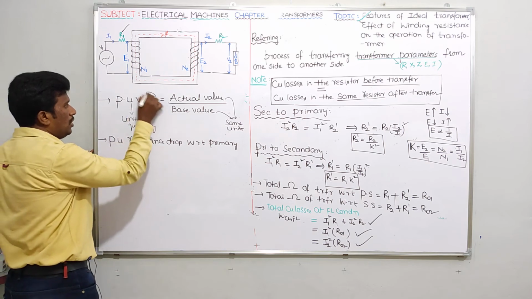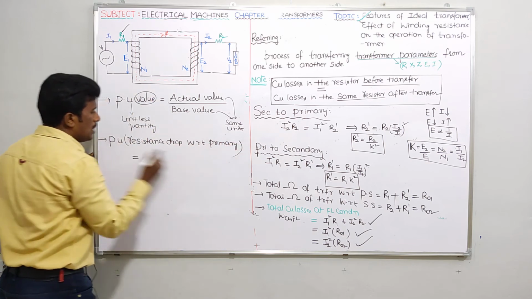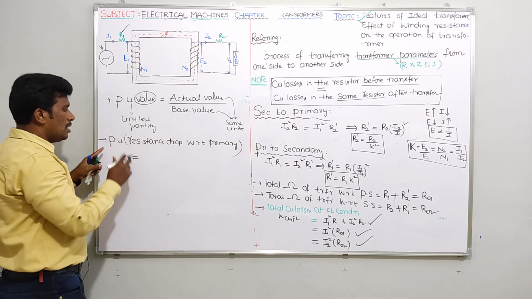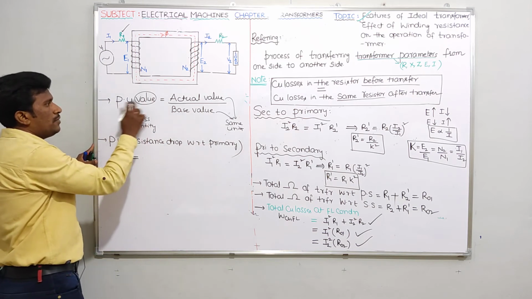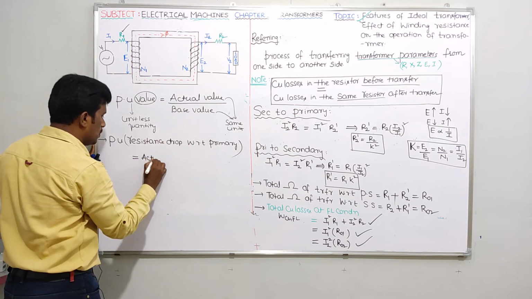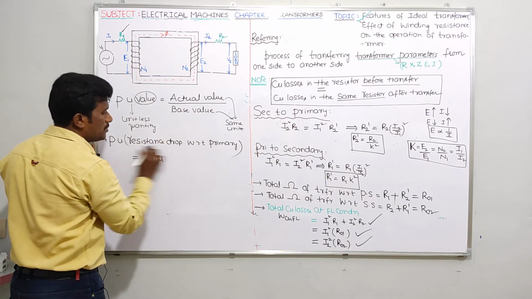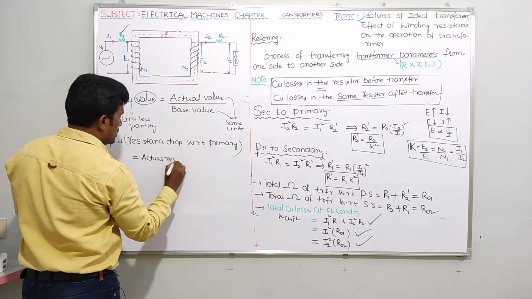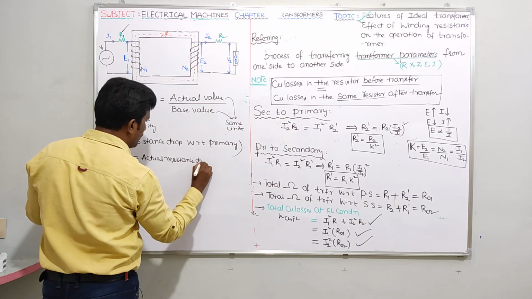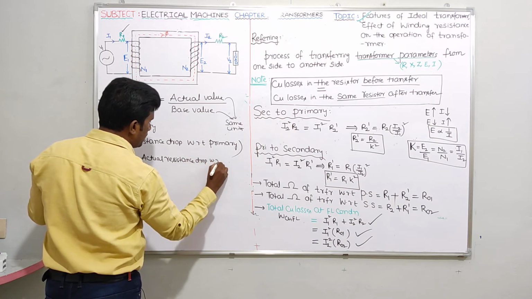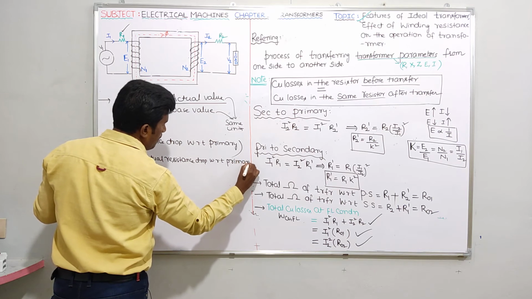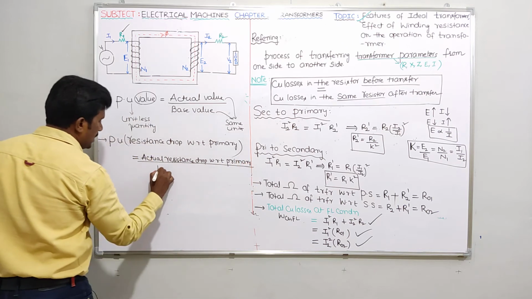See, in place of value, what is there here? Resistance drop with respect to primary. Tell me what is the formula for per unit value? Actual value by base value, no? So actual value means this time you have to write actual resistance drop with respect to primary, by base value.